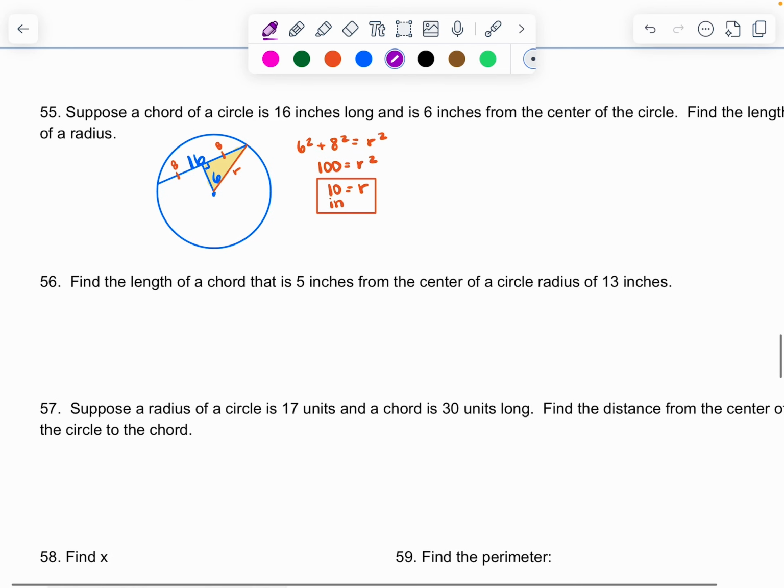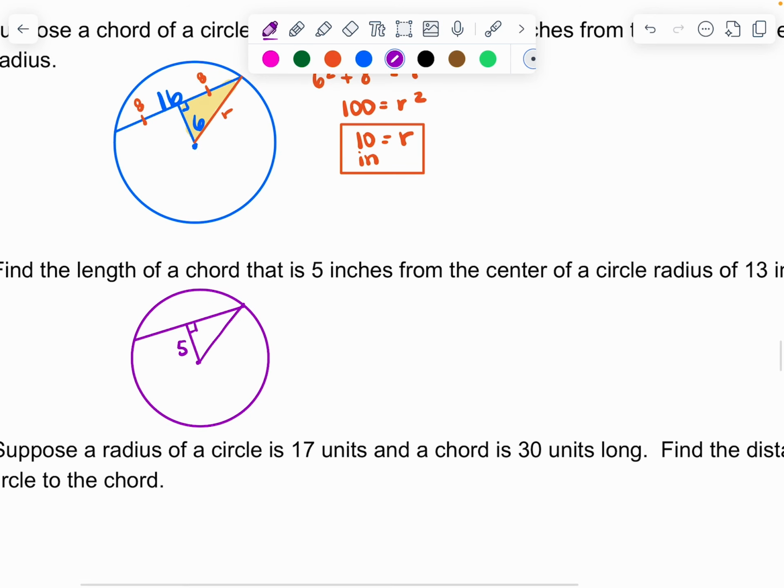All right. Number 56, find the length of the chord. This is going to be basically the same type of question, but we're solving for something different. Find the length of the chord that is 5 inches from the center. Okay, so again, that has to be perpendicular because distance is always perpendicular, with a radius of 13.